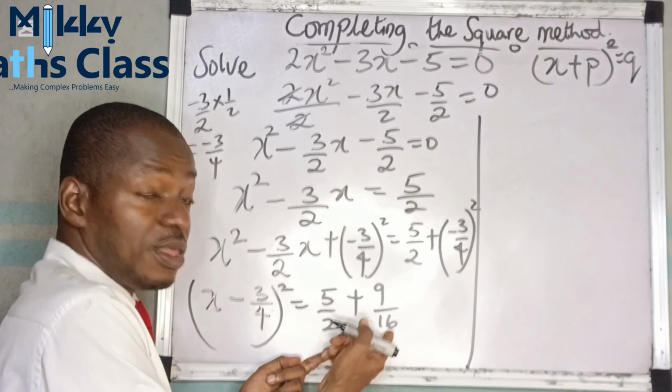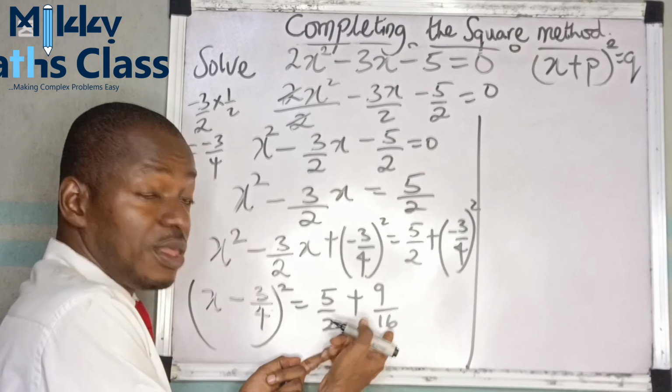So that will be x minus 3 over 4 equals plus or minus 7 over the square root of 16, that's 4. So what we will do next, add 3 over 4 to both sides. So x equals 3 over 4 plus or minus 7 over 4.